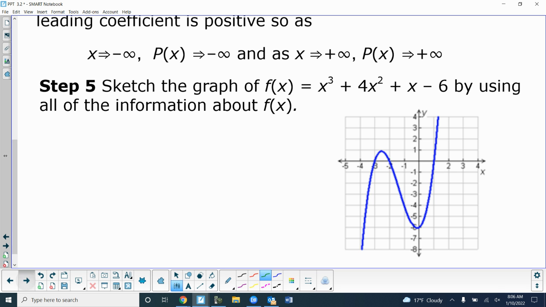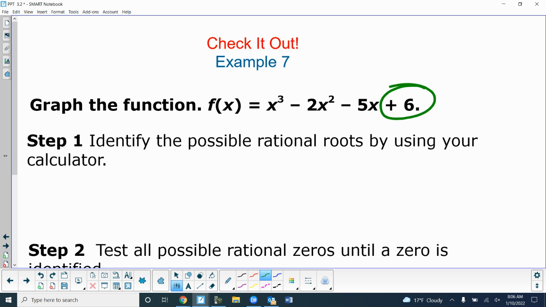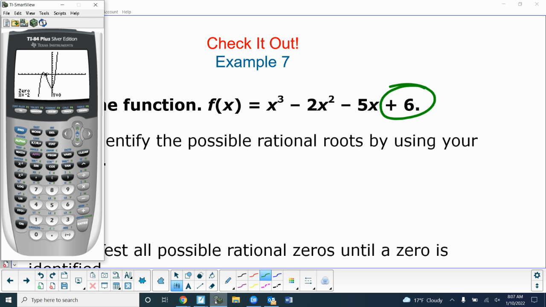You guys okay? So here's another one. What's the y-intercept? 6. So it's that easy to find that, right? So let's put it in our calculator. Get our y equals. I already got the x cubed.